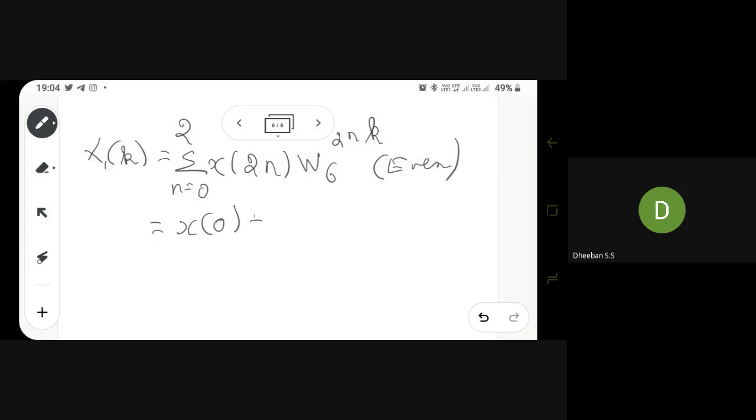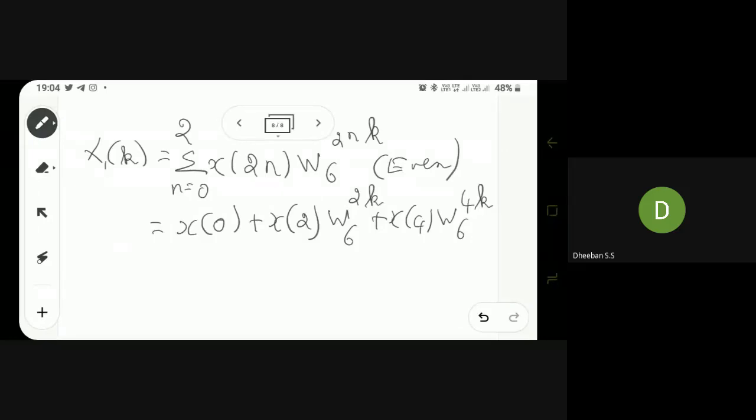Here you have to put n equal to 1. So then it becomes w6 2k, plus x of 4 w6 4k. Okay. So this is what you'll be getting.